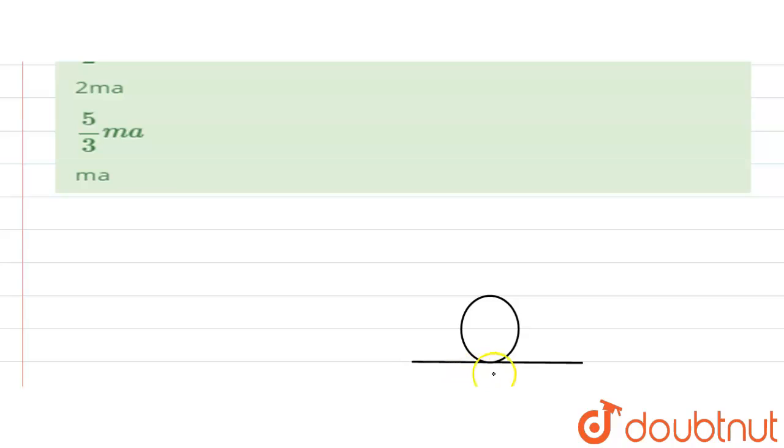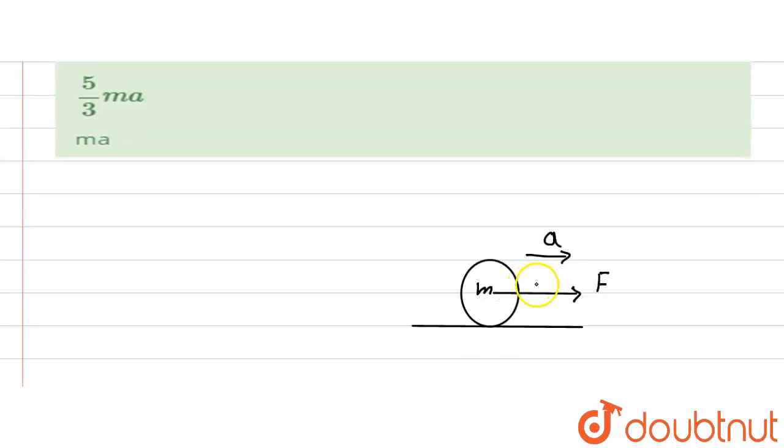So this is the uniform solid cylinder, pulled on a horizontal surface with the force F. It is pulled by force F parallel to the surface and applied at its center. So this is the force F, the mass is m and the acceleration is a, and it's rolling without slipping.